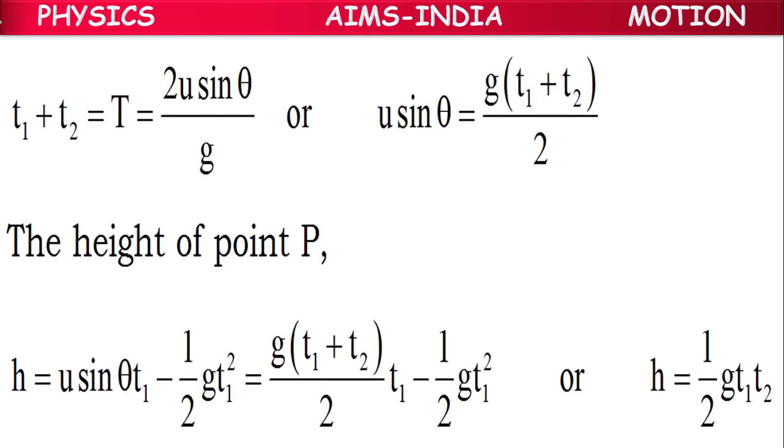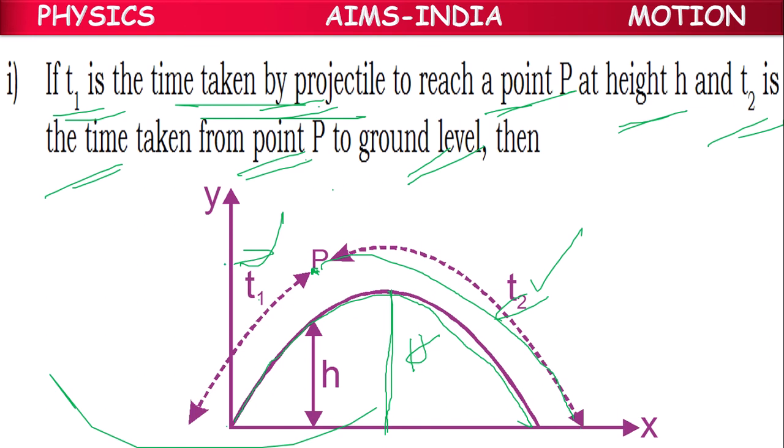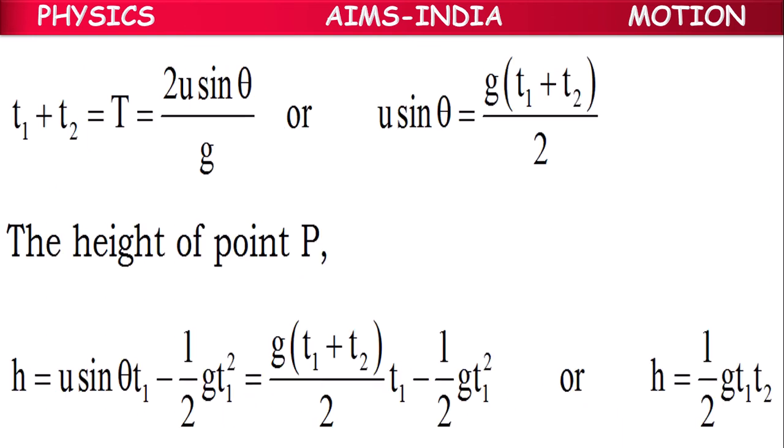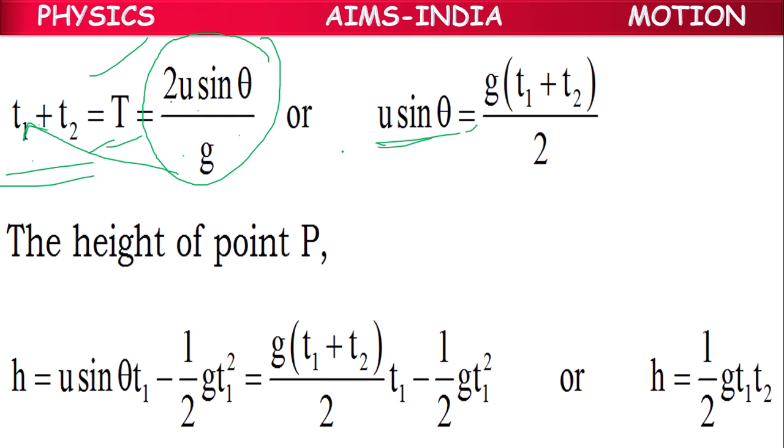So here, T1 plus T2, this T1 time, this T2 time, equal to total time of flight. T1 plus T2, capital T, equal to total time of flight, which is equal to 2u sin theta by g. Or this g will come this side, g into T1 plus T2, 2 will come down. So u sin theta equal to g into T1 plus T2 by 2 we can write.